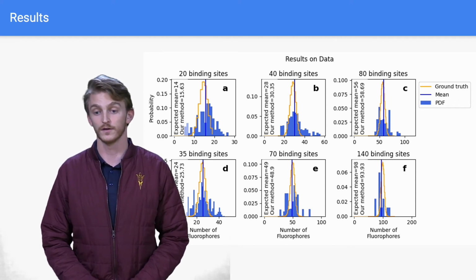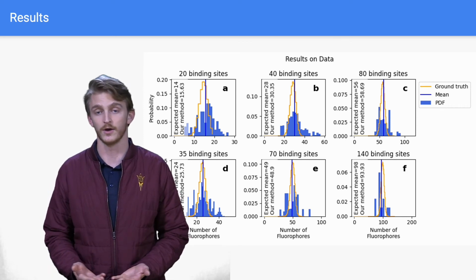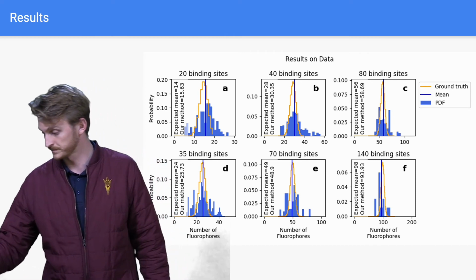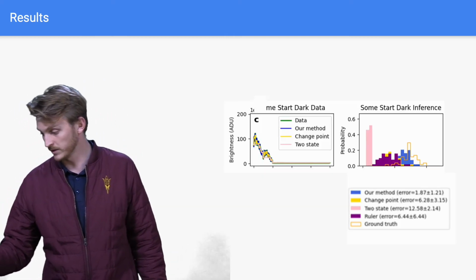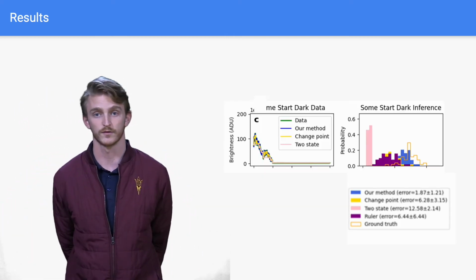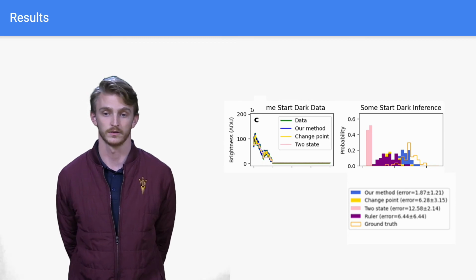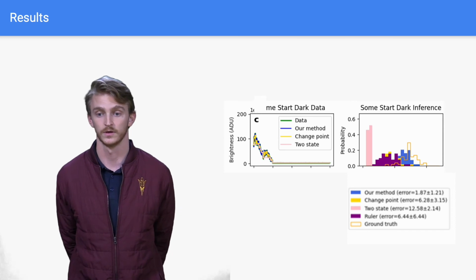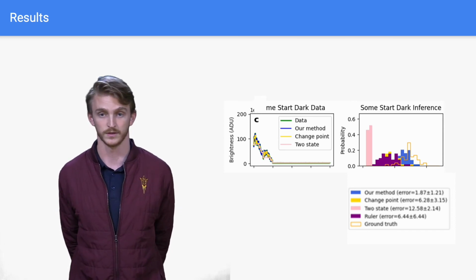We can also verify our method on simulated data to allow conditions that were not provided in the experiment. For example, we simulate data in which some of the fluorophores start dark. Now you can see on the right here, we compare our method to many other existing methods for counting by photobleaching experiments.